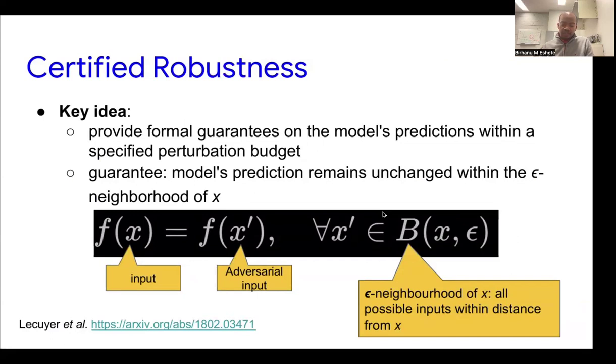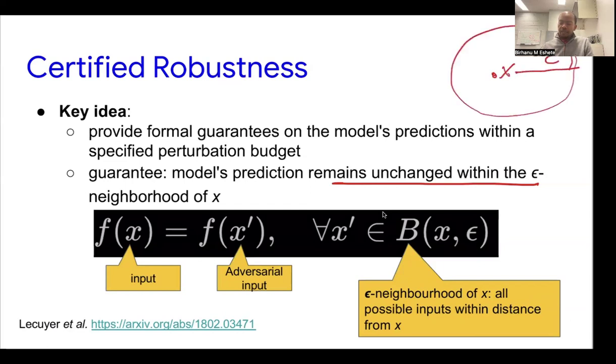So basically what we're saying is the model's prediction remains unchanged within what we call the epsilon neighborhood of the input, right? So you have the input over here, let's call it X, and there is your epsilon, and you just draw a ball around it. And if adversarial examples appear within this Lp ball, then we can formally guarantee that the model's accuracy won't drop below some percentage, for instance, okay?